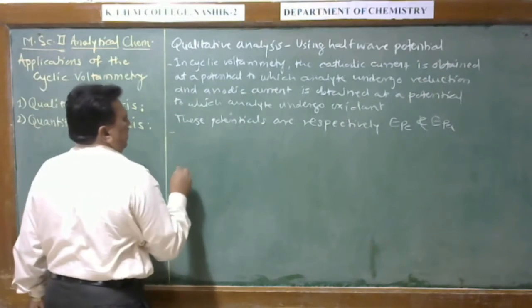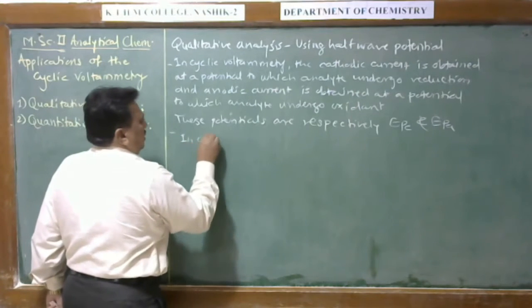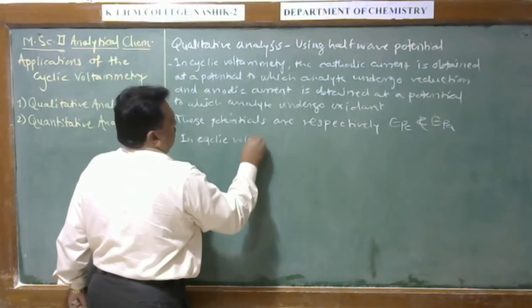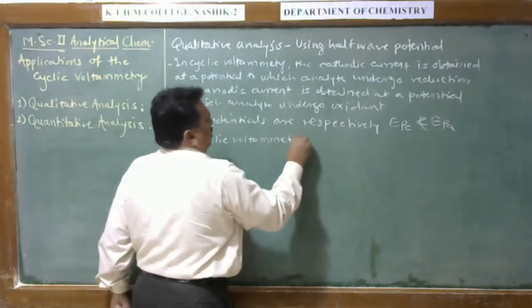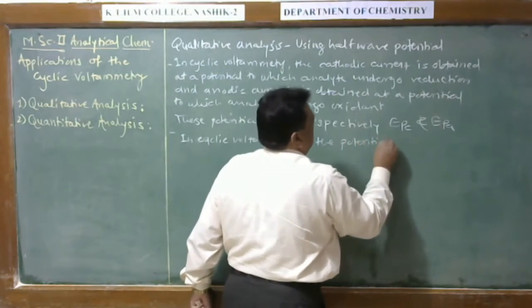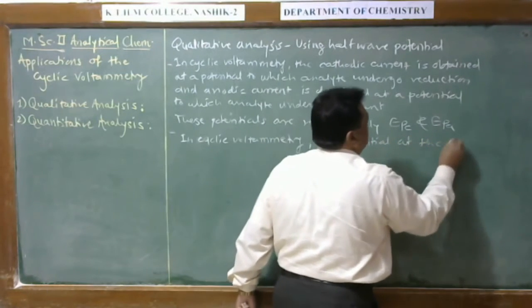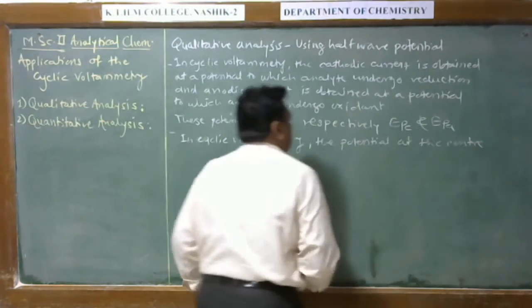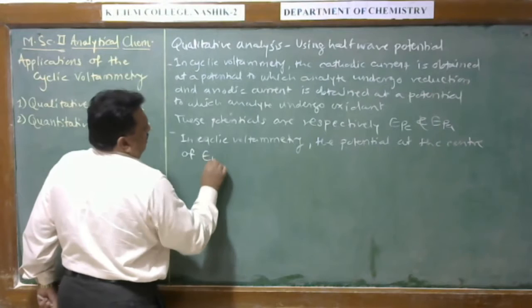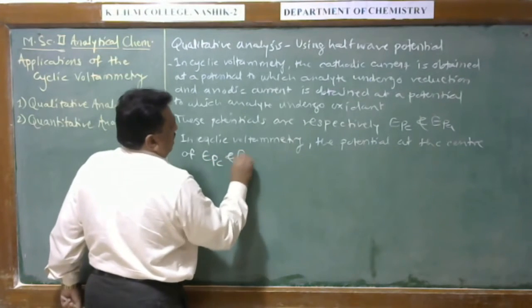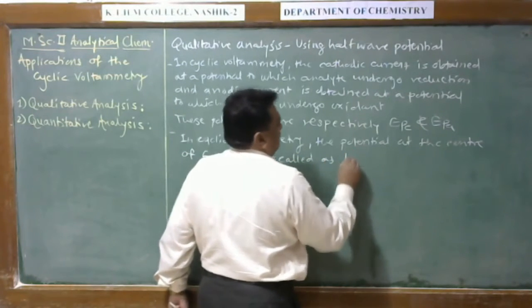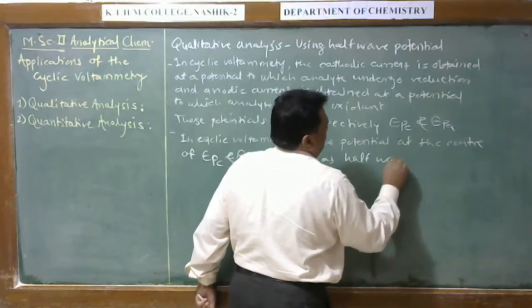Therefore, in cyclic voltammetry, the potential at the center, or the central potential between EPC and EPA, is called the half-wave potential.